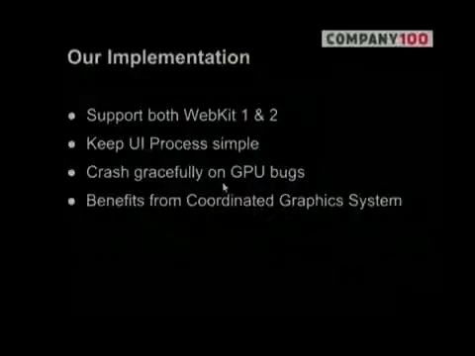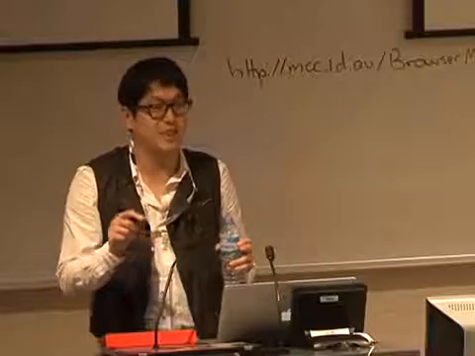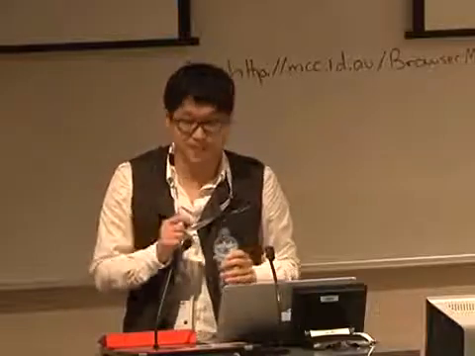And so in our implementation, we have implemented another main thread compositing, the threaded compositor, which is a threaded variant of the coordinated graphics system. The threaded compositor compensates for the restrictions of the coordinated graphics, as well as benefits from the original coordinated graphics advantages.